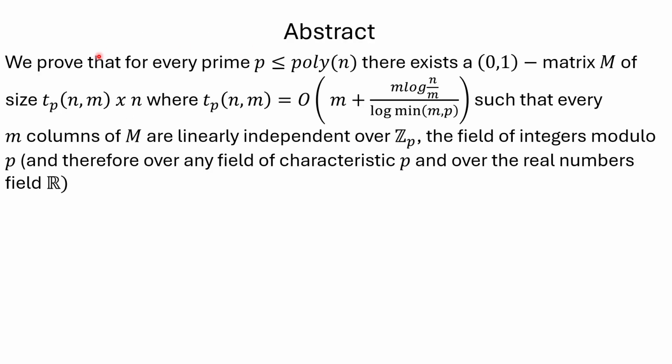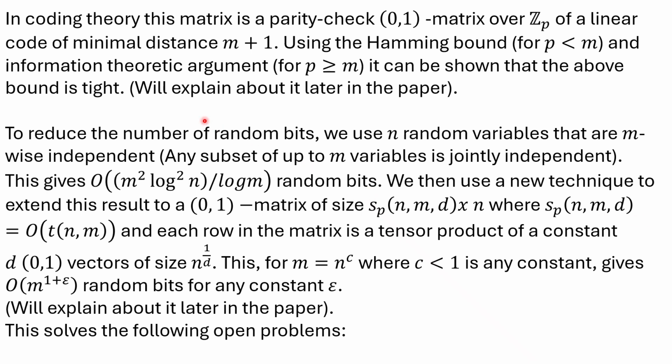Abstract. We prove that for every prime P, there exists a 0-1 matrix M of size T by n, where T is defined here, such that every m columns of M are linearly independent over ZP, the field of integers modulo P, and therefore over any field of characteristic P, and over the real numbers field R. In coding theory, this matrix is a parity check 0-1 matrix over ZP of a linear code of minimal distance m plus 1.